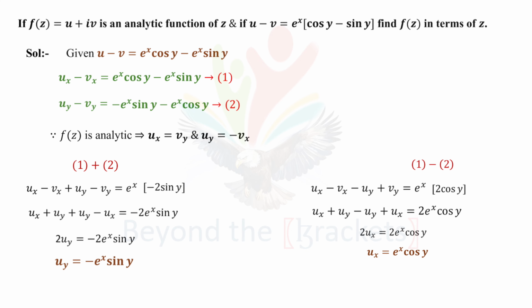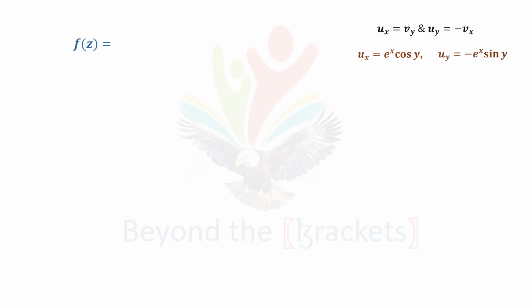Since f of z is equal to u plus iv, differentiating with respect to x, we get f dash of z is equal to ux plus i into vx. Again, since f of z satisfies the CR equations, vx can be replaced with minus uy. Substituting the values of ux and uy as e power x cos y plus i into e power x sin y. E power x is common for both the terms.